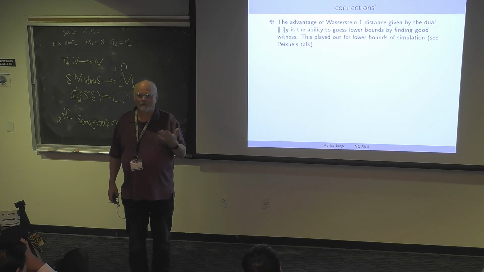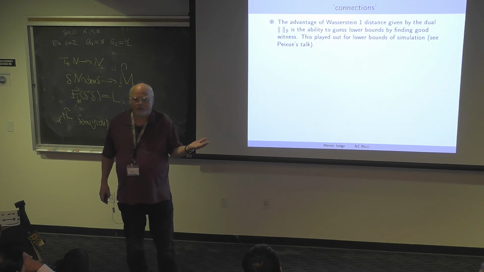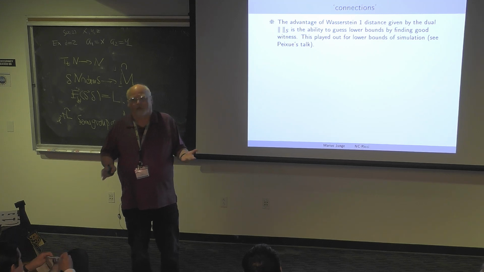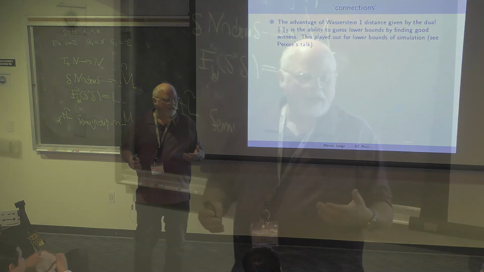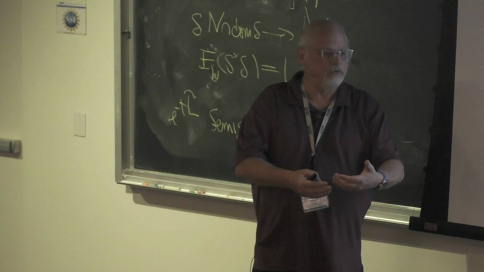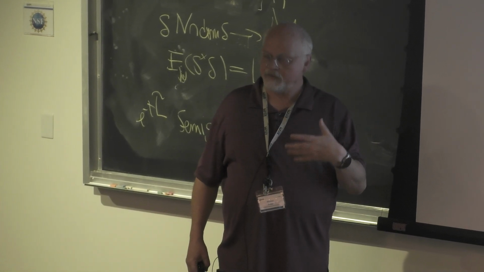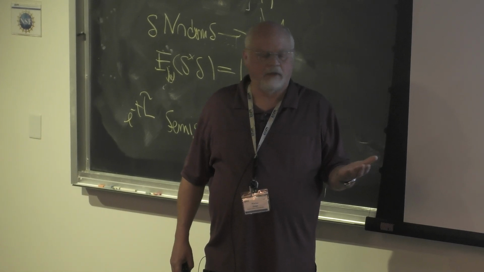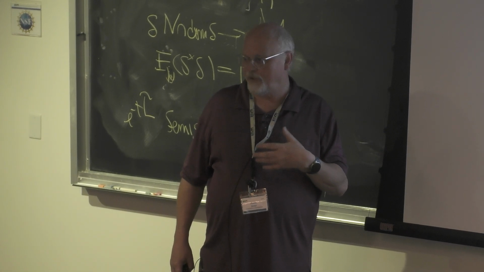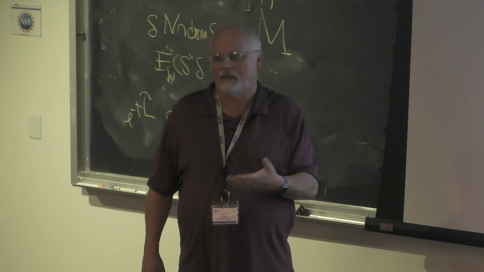What's good about this? You find the right observable, and then everything else has to work. And this guessing game of finding the right observable to lower bound the Lipschitz norm of two states, in some instances works out. There's no general formula. It's just in the instances where we understand it that it works out.